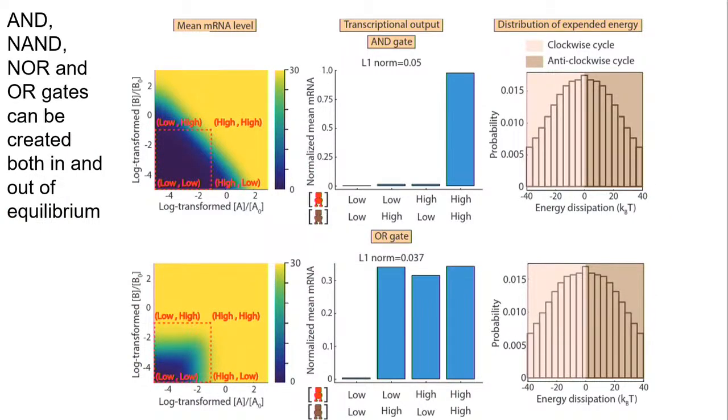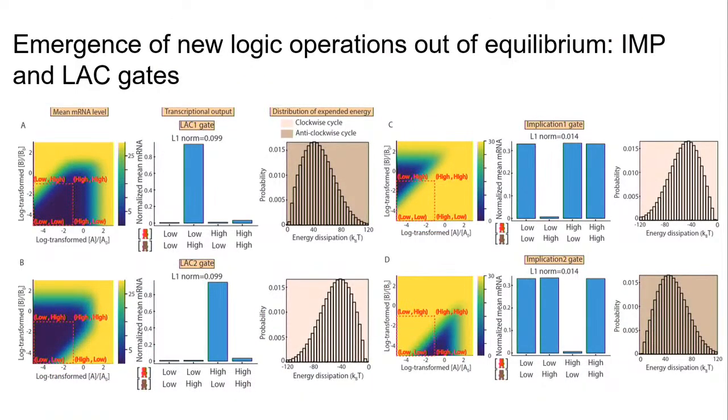So moving on to the logic gates, now that we have studied the occupancies and understood how the mRNA profile can be deduced using them, we found that we were able to recreate NAND, NOR, OR, and AND gates out of equilibrium as well. But one interesting consequence of this non-monotonic behavior is the emergence of 2 different logic gates.